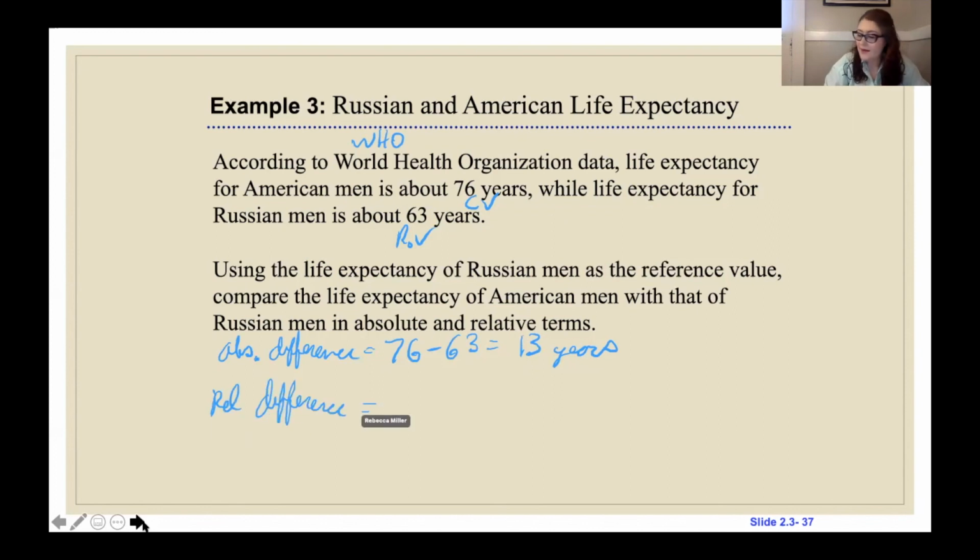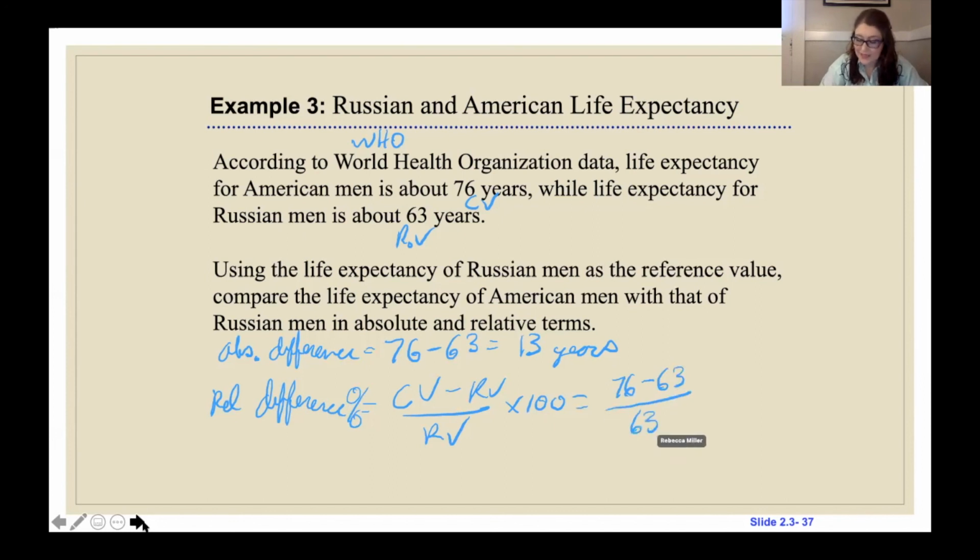So I'm going to take my comparison value minus my reference value over my reference value times 100, and that's going to give me the percentage for relative difference. So 76 minus 63 over 63 times 100 equals 20.6%. So the relative difference in life expectancies for Russian and American men is 20.6%.